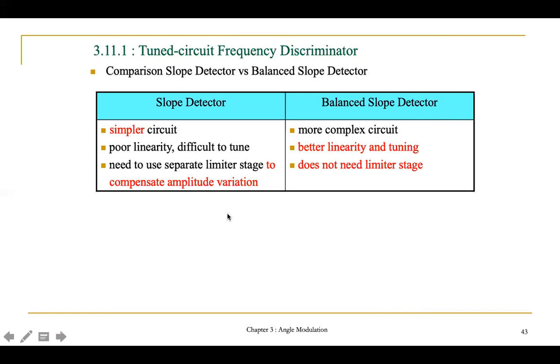The slope detector has a simpler circuit, but the balanced slope detector is better in terms of linearity and tuning, and it does not need a limiter stage to compensate for the amplitude variation. So if you compare, the balanced detector is better. However, it has a more complex circuit.